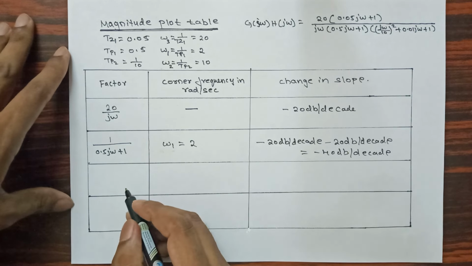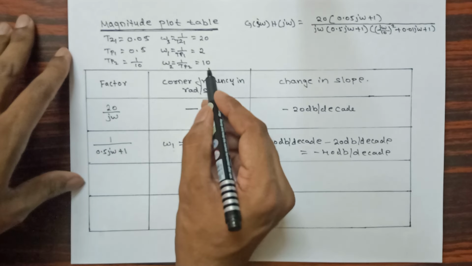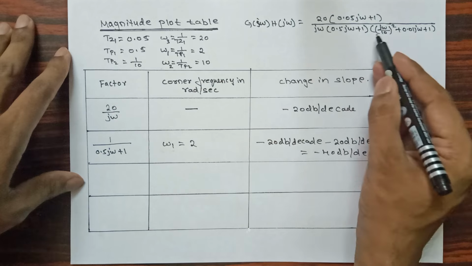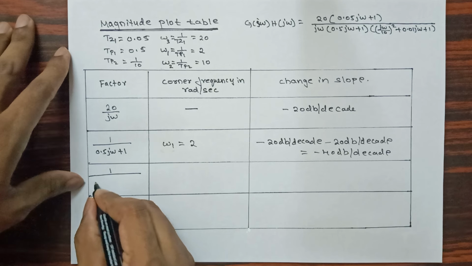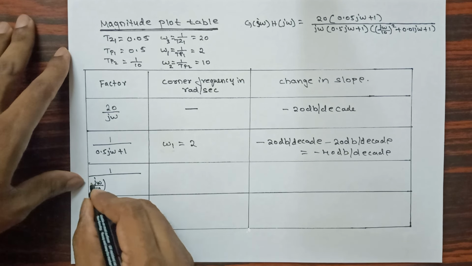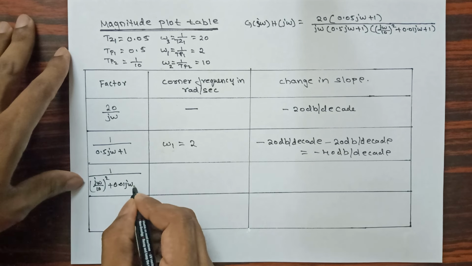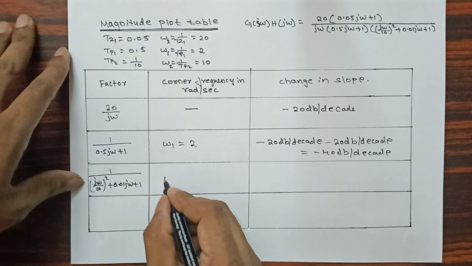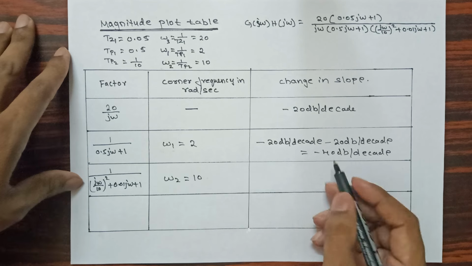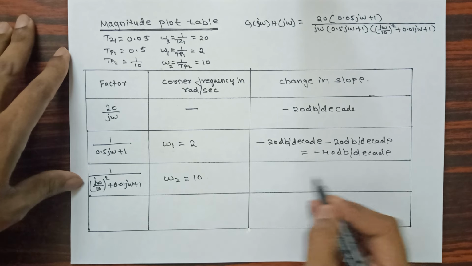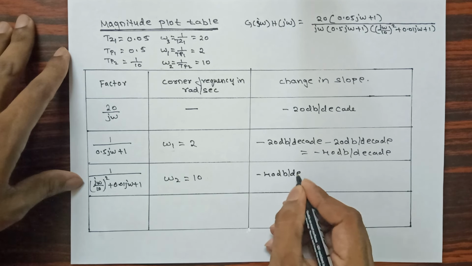Next I am going to write the third factor. Now the third factor we are going to take the next, omega 2 is equivalent to 10. So for this the term we need to consider is 1 divided by (j omega by 10) whole square plus 0.01 j omega plus 1, and here the corner frequency omega 2 is equivalent to 10 radians per second. And first we are going to write the previous slope with respect to this row, that is minus 40 dB per decade.